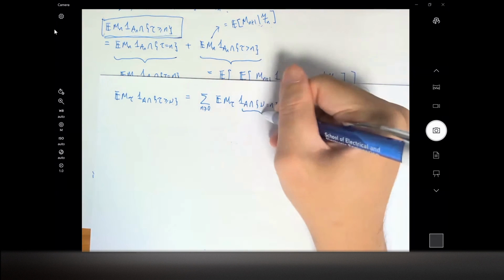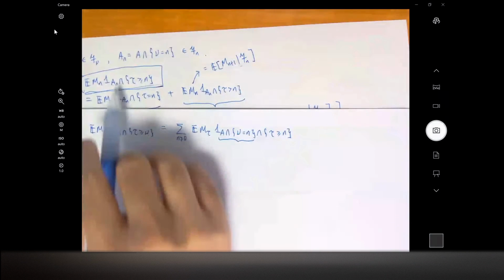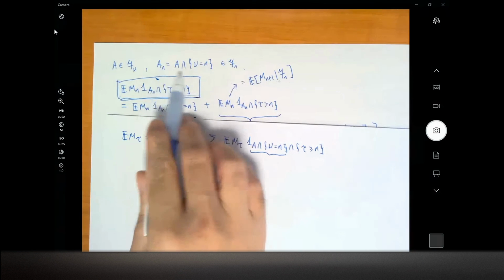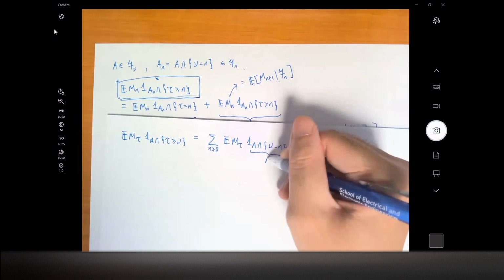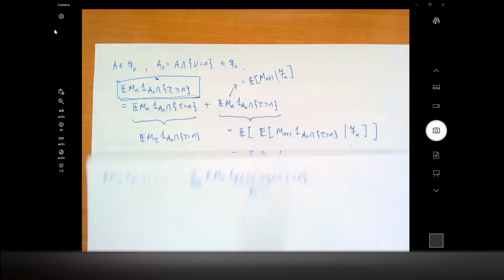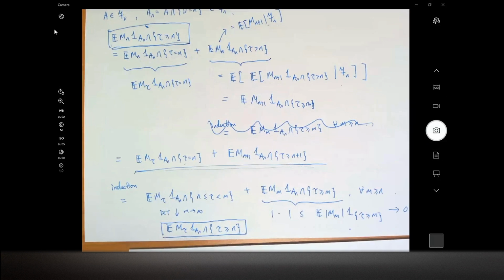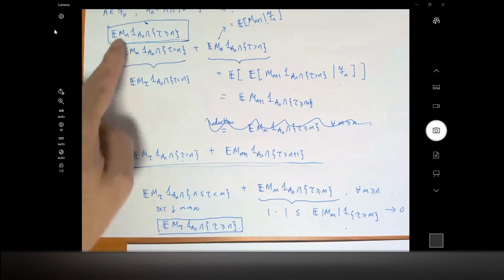This guy over here is just how we defined A_n, so this is just a shorthand notation. So what we have proven just now is that this expectation over here is equal to this.